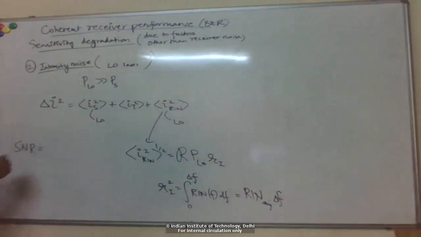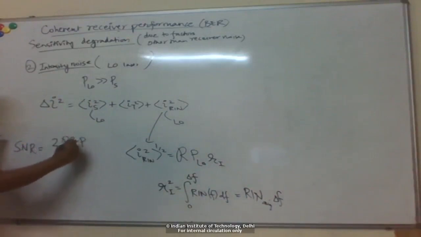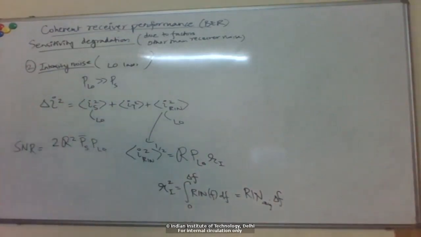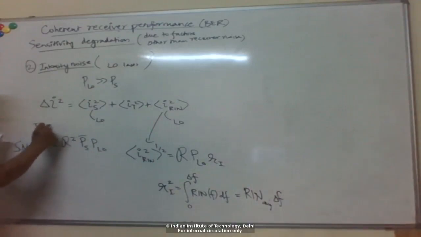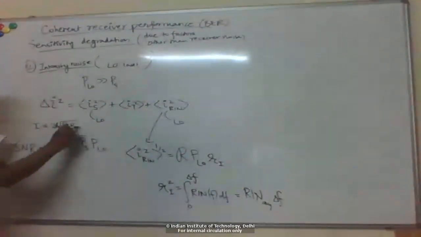So we can write the SNR again. So the mean square current will go like this, right? Recall the photocurrent was something like this, square root of responsivity times local oscillator power.